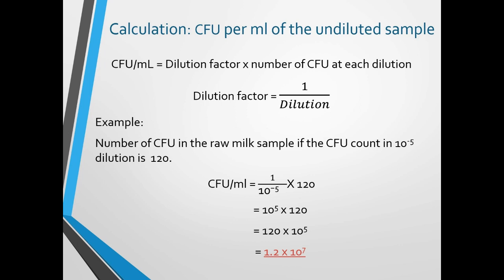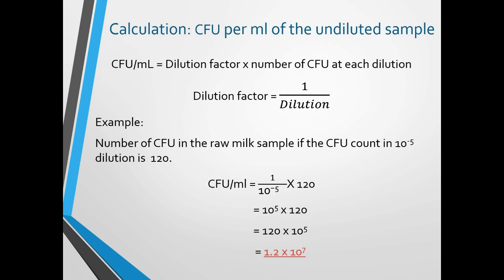If the number of colony forming units on the plate for the 10 to the power negative 5 dilution for a raw milk sample is 120, what is the colony forming units per milliliter of the undiluted raw milk sample? First we will multiply the 120 by the inverse of the dilution.